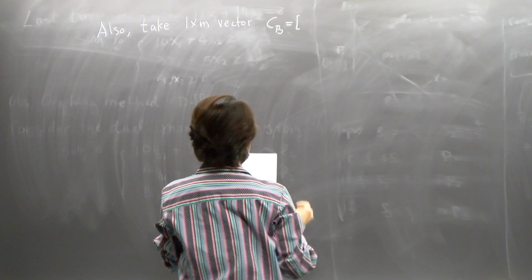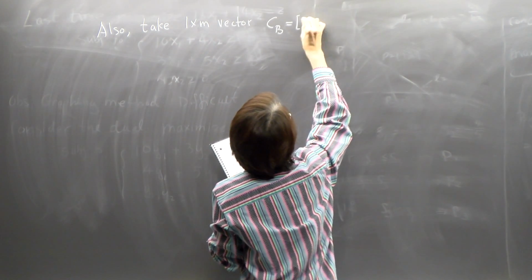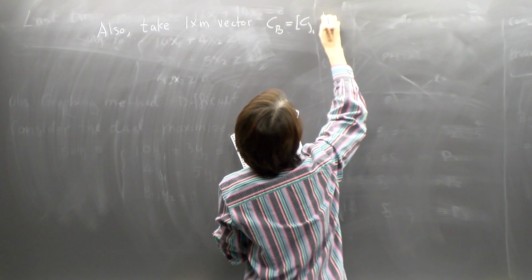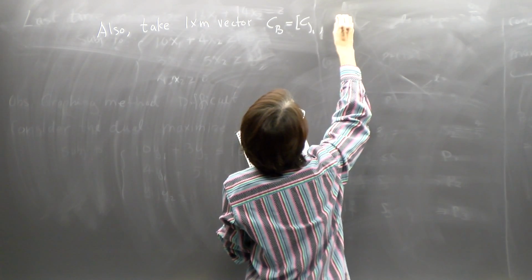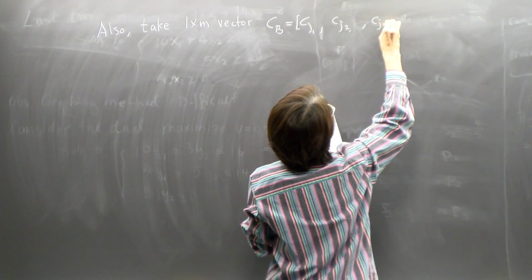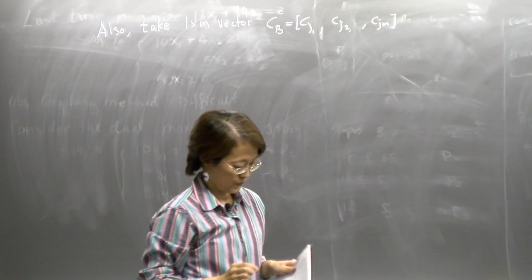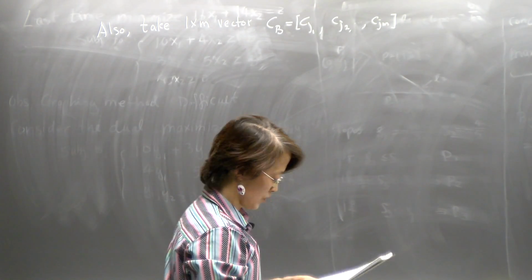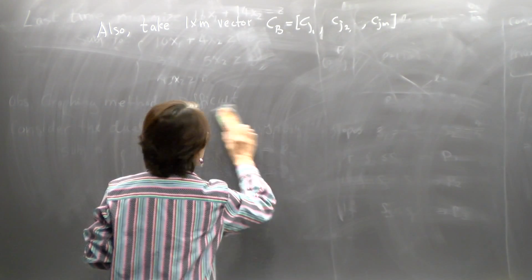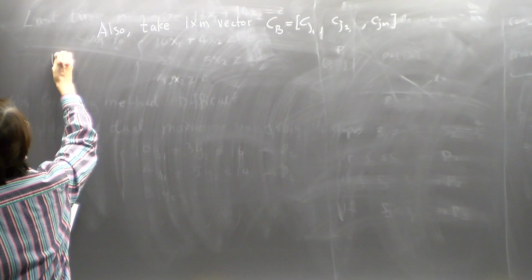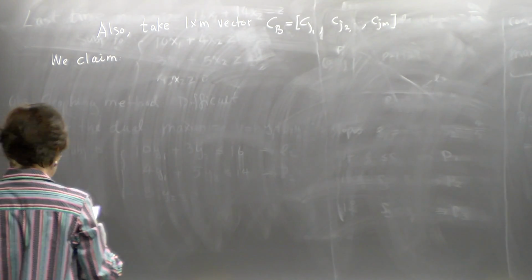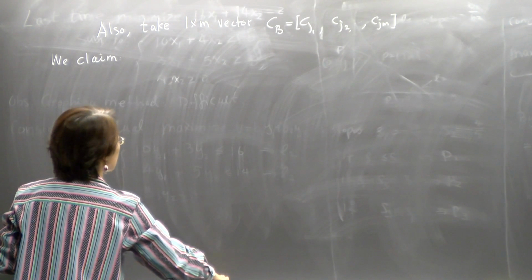What I take from these C coefficients is the original ones at position J1, then C J2, up to C Jm. I'll give you an example too, so you have a concrete idea where they are. Okay, so I have a claim, which we will prove, maybe not today. I claim the following.